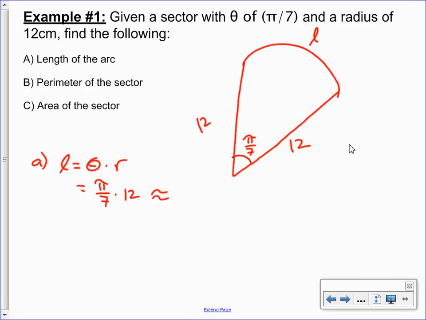Four decimal places. 5.3856 centimeters. There's the answer for A.